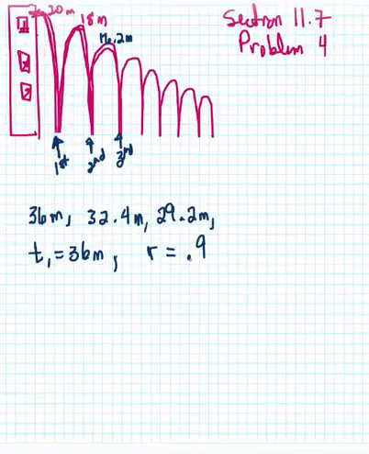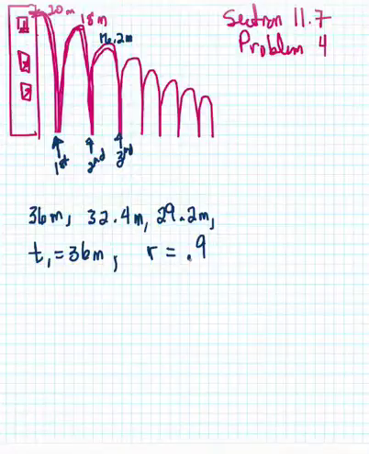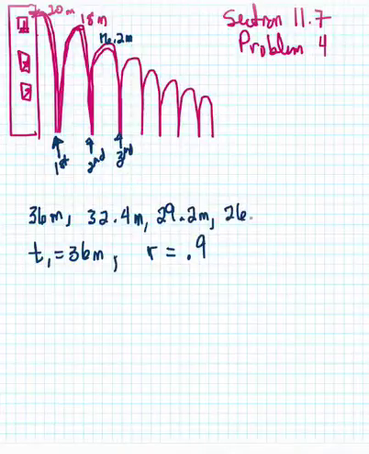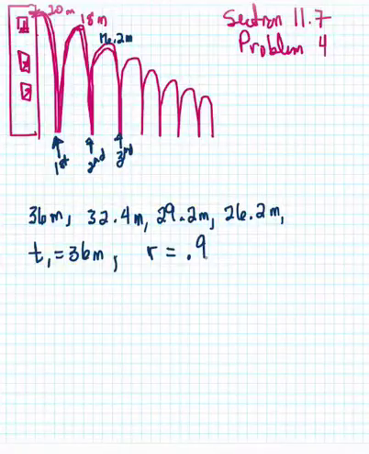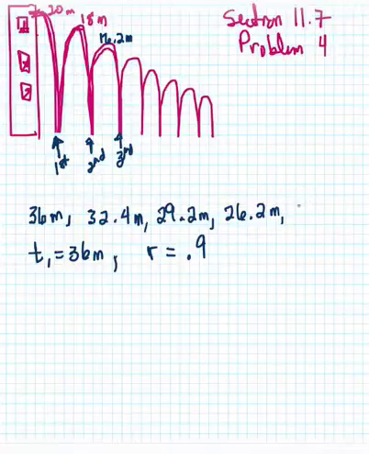And I'm going to leave that answer in, and I'm going to just multiply that by 0.9 again, and I get 26.2 meters. Then I'm going to multiply that by 0.9 again, and I'm going to get 23.6 meters.